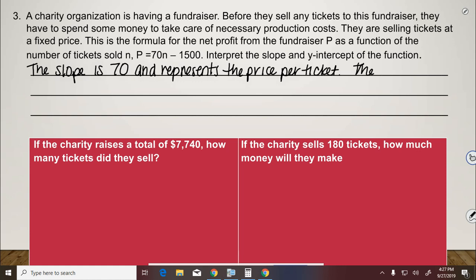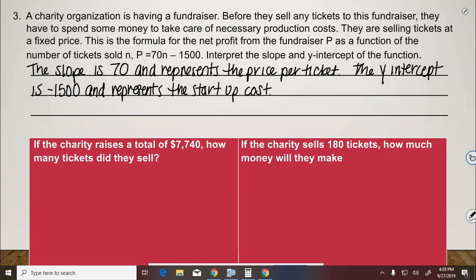The y-intercept then must be the other number, negative 1,500, and represents the startup cost. Okay, so then from there, we're going to answer some questions again.